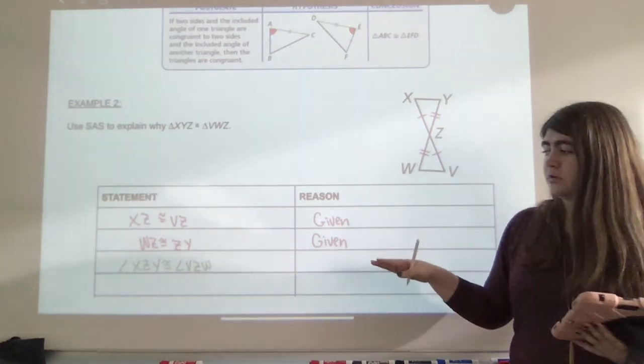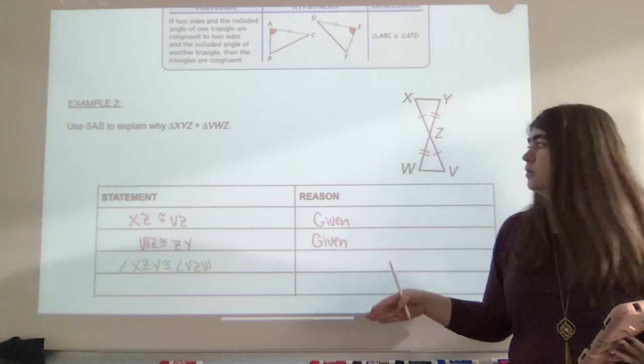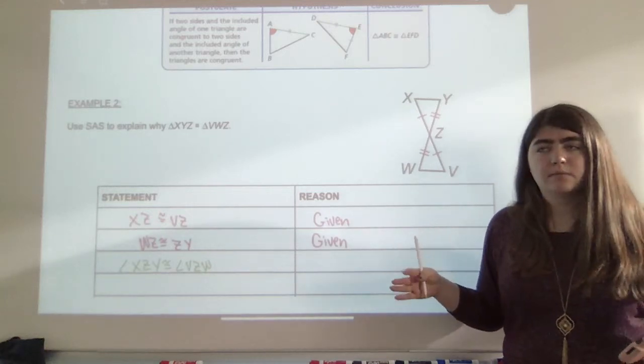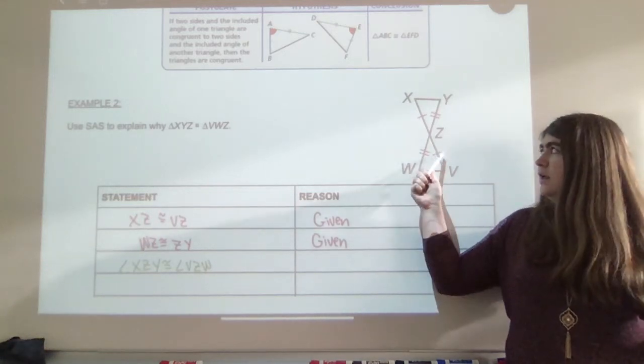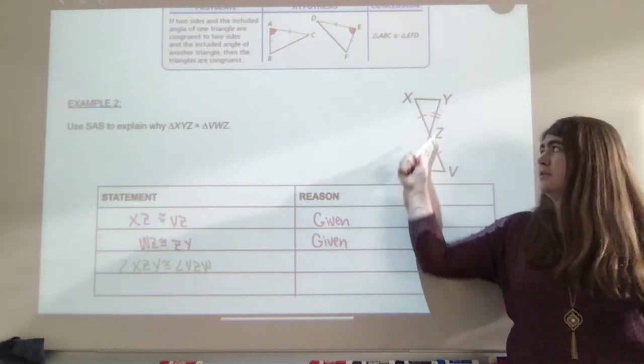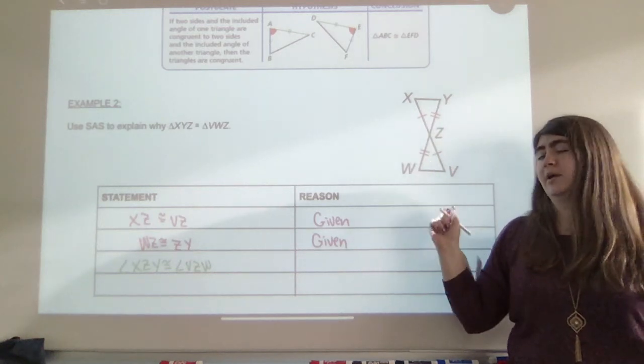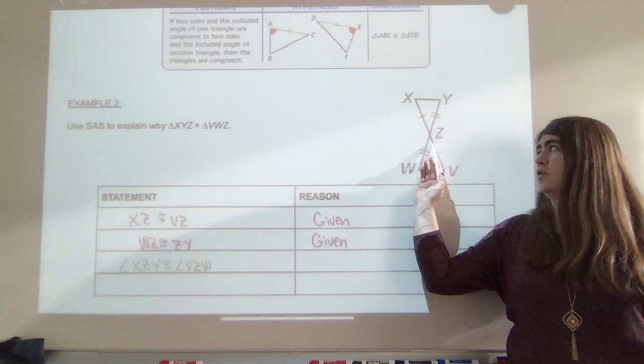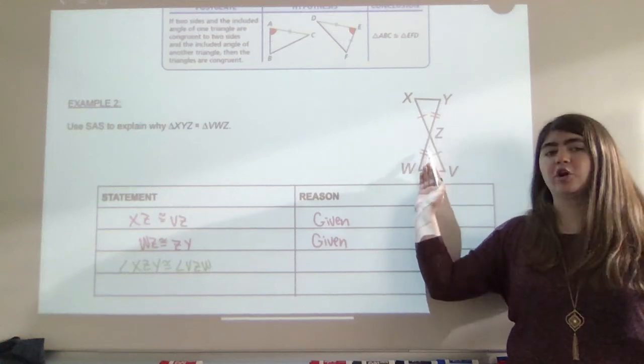Do I know they're congruent? Yes, I do. Why do I know they're congruent? Well, if these are congruent and these are congruent and they're bisecting, we have something that's forming right here, and those are vertical angles.